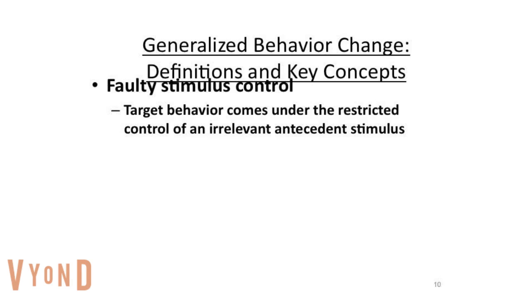Faulty stimulus control could be that they've learned that when the recess bell rings, they stop, they freeze, they put their hands on their head. We see that a lot on different playgrounds. Faulty stimulus control could be that they hear the fire drill or an earthquake drill, and then they exhibit that same behavior. It definitely wouldn't work in a situation where we need students to cooperate, fall in line, and go to the field, right? So that would be faulty stimulus control.